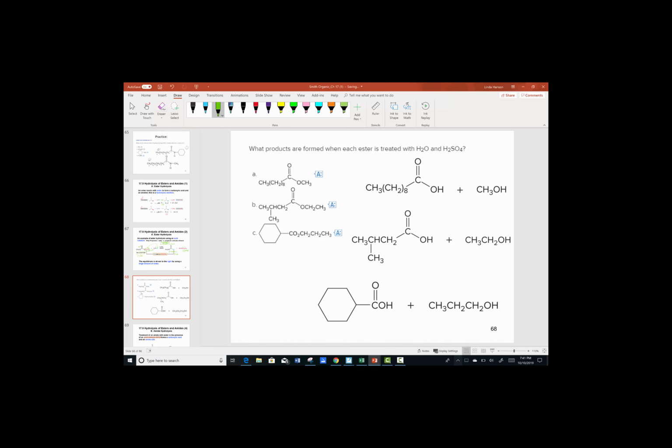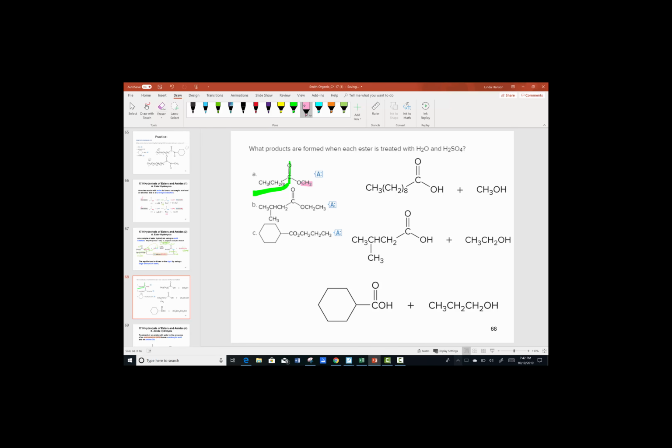We've got some practices. With our practices, it gives us letters A, B, and C, and it's asking us to predict the products for each. And so as we digest this, find your carboxylic acid part and find the alcohol portion.